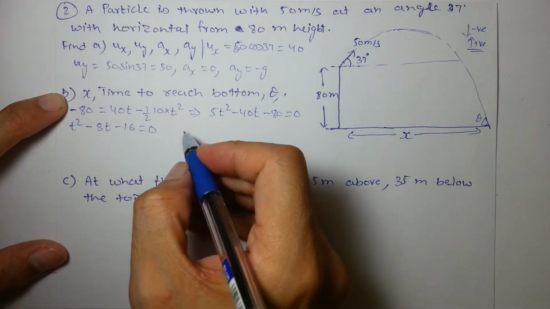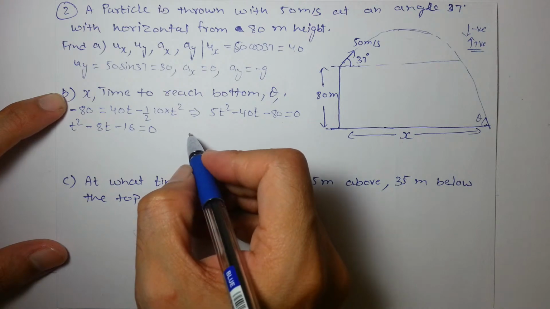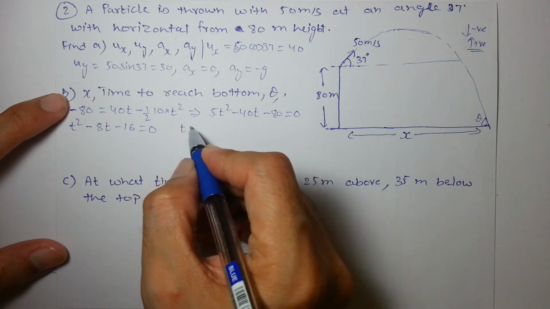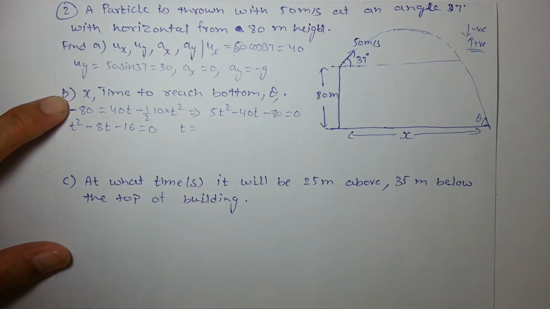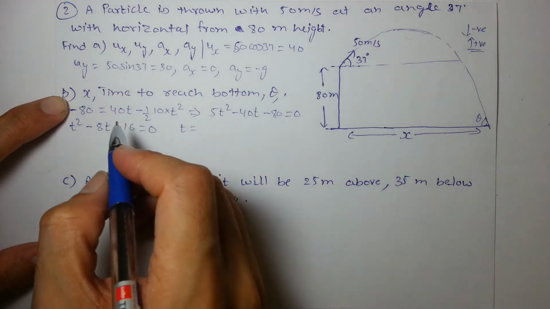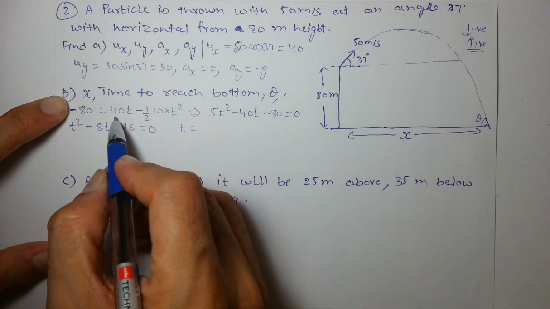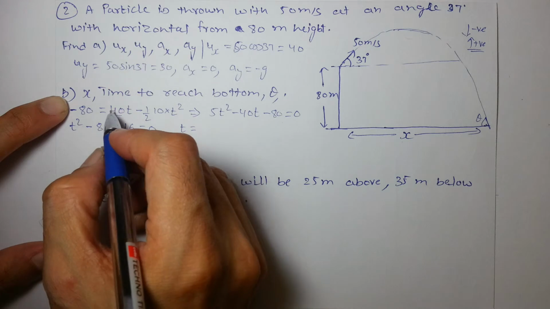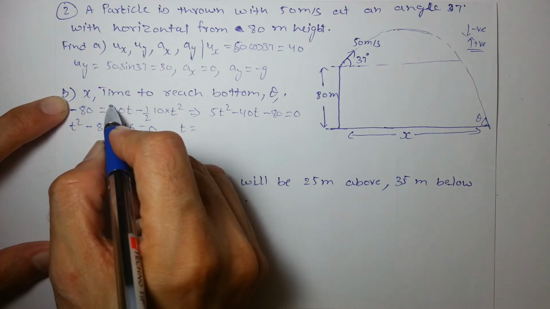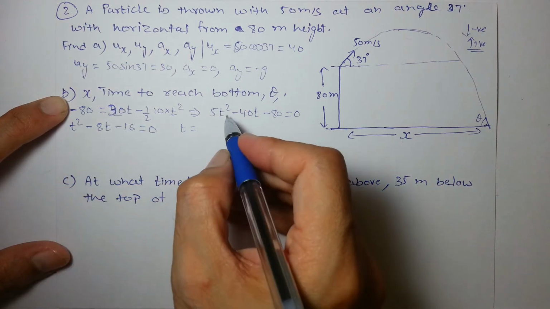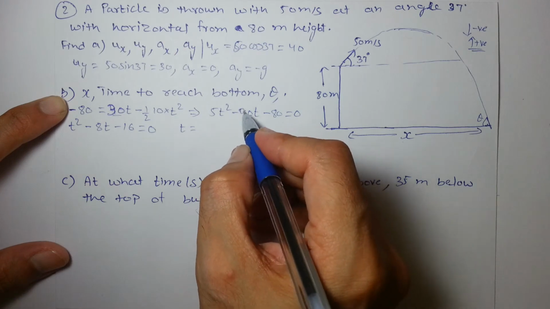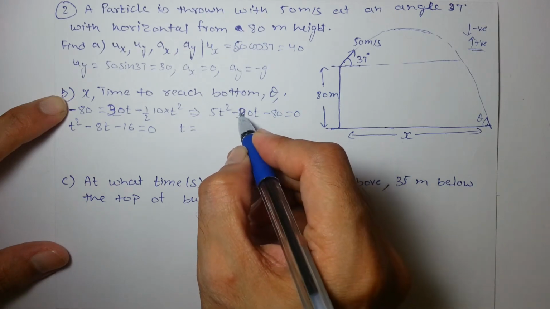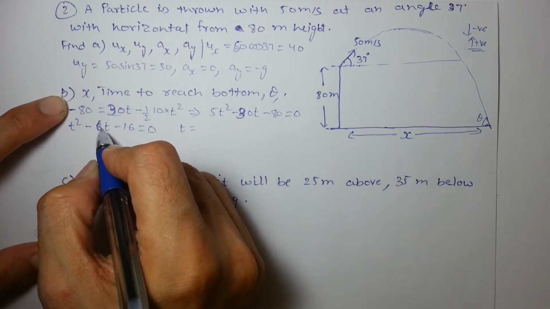So solving this quadratic equation, we get t as how much? Oh, a slight mistake has been done. I have taken uy as 40, but it was 30. So let's change it. It is 30. Here it will be 30t, and it will be 16.